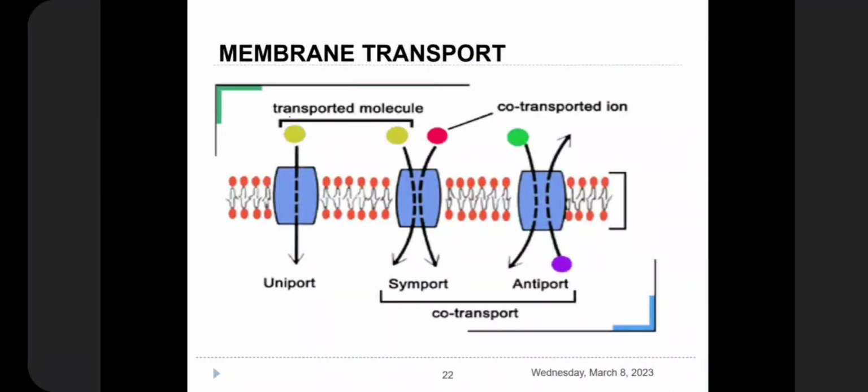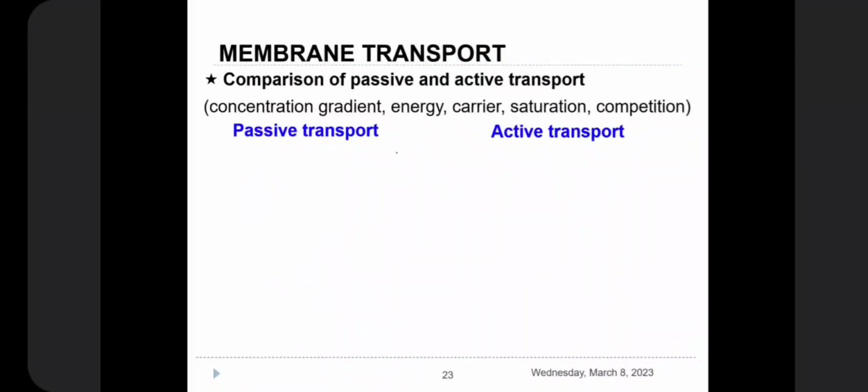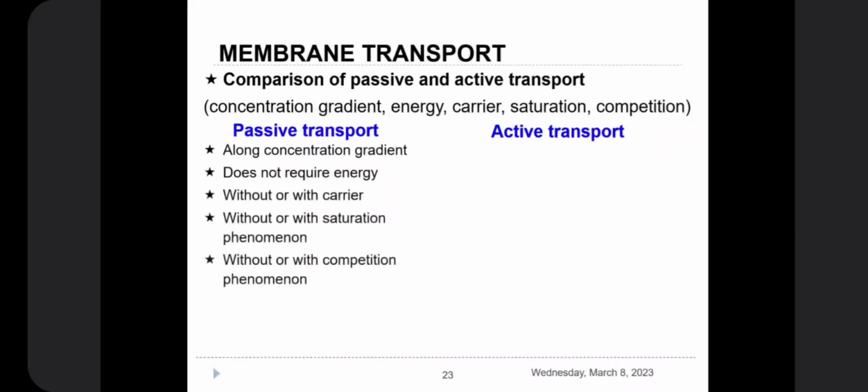Now let's compare passive and active transport to understand more details. First, passive transport goes along the concentration gradient and needs no energy. For carriers, simple diffusion needs no carrier, but some facilitated diffusion needs a carrier.